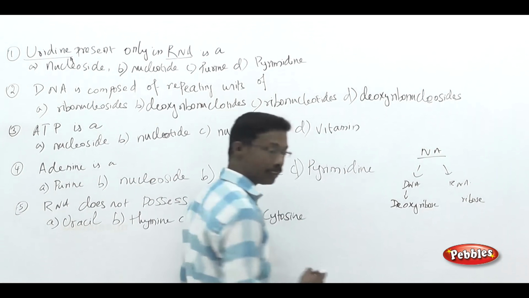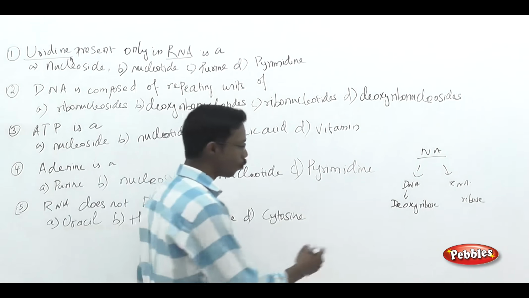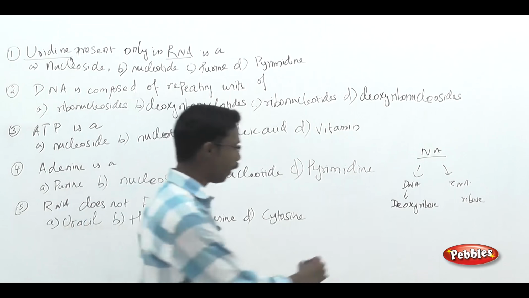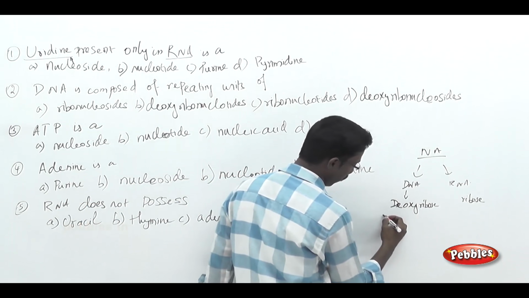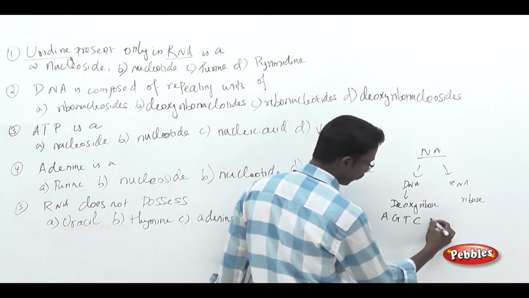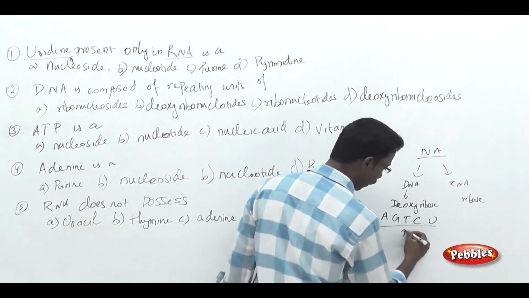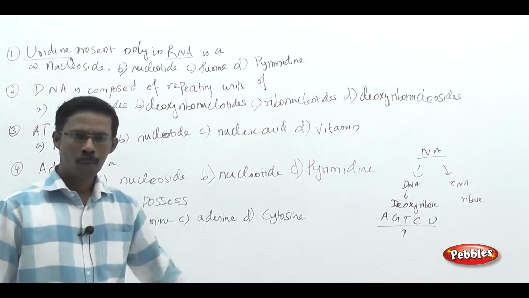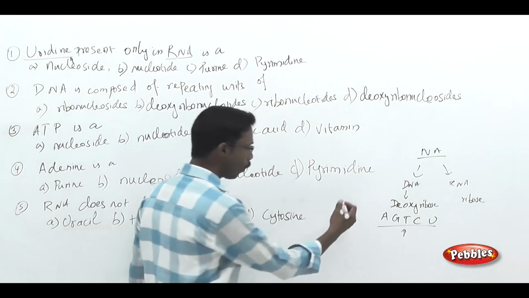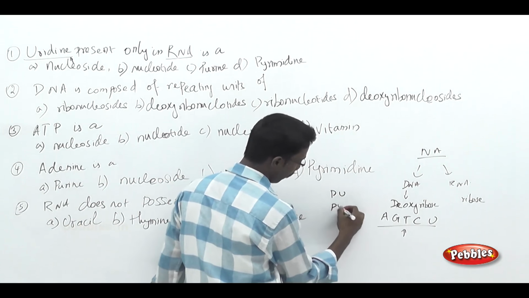Apart from this, one more major difference is that they are made up of nitrogenous bases: adenine, guanine, thymine, cytosine and uracil. We can classify these nitrogenous bases into two major classes, purines and pyrimidines.